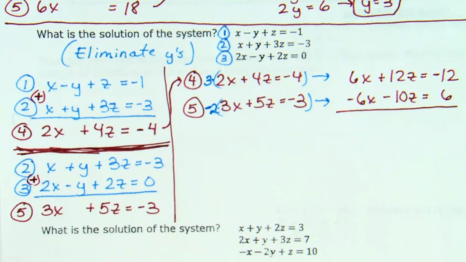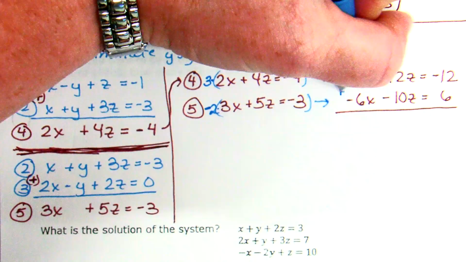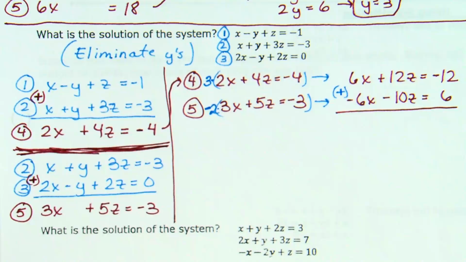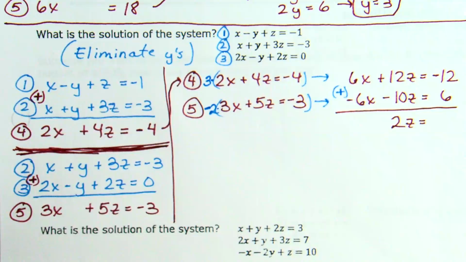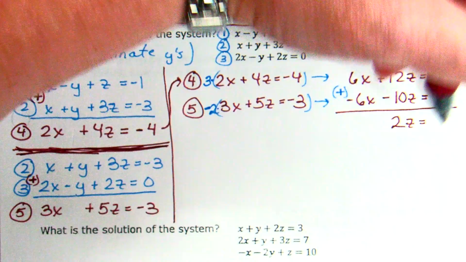6x and negative 6x are opposite signs, so I'm going to add 6 plus negative 6. My x's cancel. 12z plus negative 10z is 2z. Negative 12 plus 6 is negative 6.